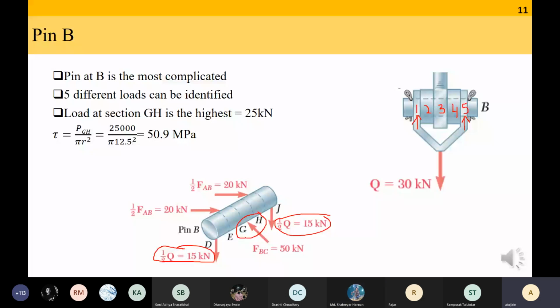We notice that in the pin at 5 different points loads are applied, and these loads are not the same in value. So at least 5 different regions the load is different. The load is different, but the cross section is same. So the stress is different at different sections. We will identify the region where the load is the highest and calculate the shear stress based on that load.